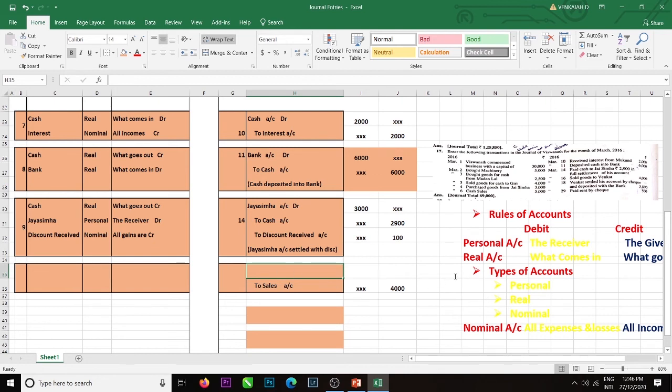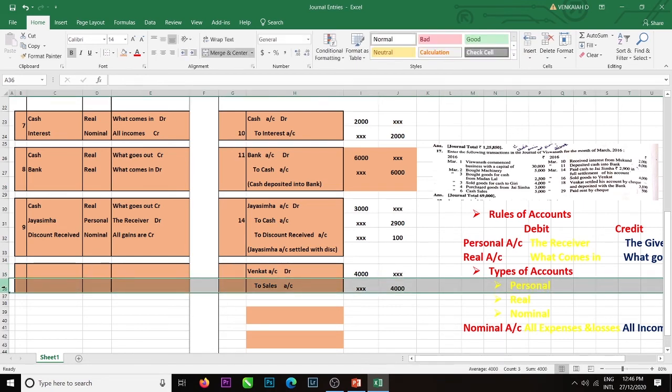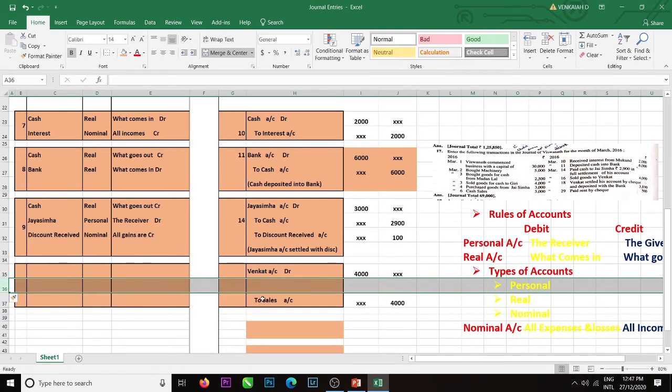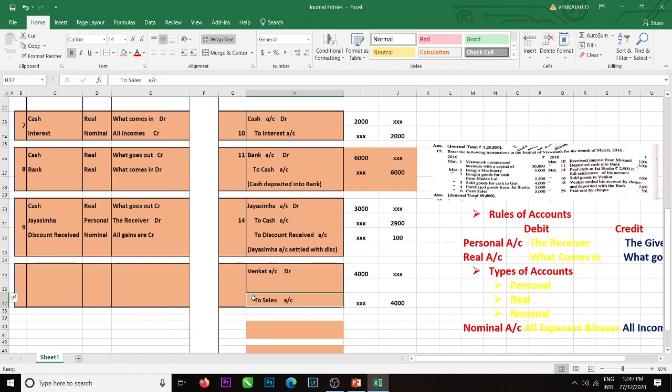Venkat is a personal account. Venkat is the receiver, and the receiver will be debited. So in debit I have to write Venkat account, amount 4,000. Simply we can write the narration: goods sold to Venkat.